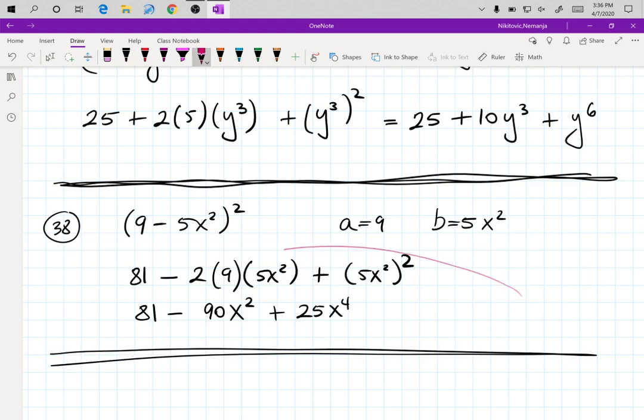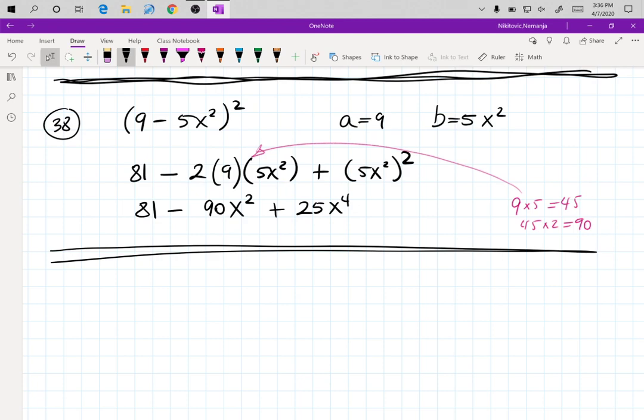So when you look at this over here, I said 9 times 5 is 45, and then 45 times 2 is 90. Like, we have to multiply all of these numbers. So that's what we have for this.